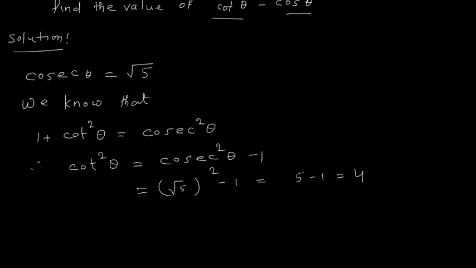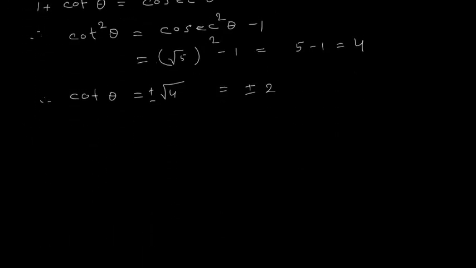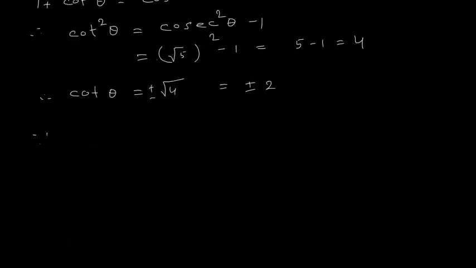Therefore cot theta will be equals to square root of 4, plus or minus, obviously that is plus or minus 2, but it is given theta is less than 90 degree. Since theta is less than 90 degree, that is angle is acute angle, therefore this cot theta will be equals to plus 2.